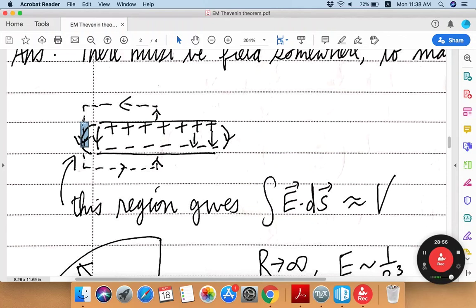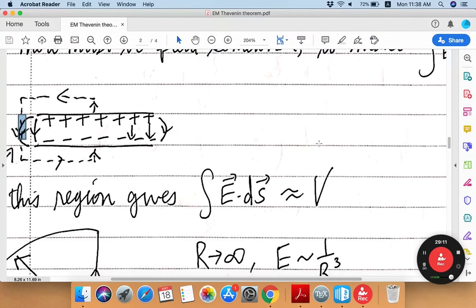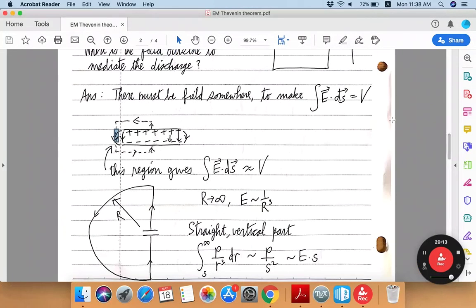Okay, so then you can easily imagine that here your line integral will be roughly the product of the electric field multiplied by the separation of the two capacitor plates. But that's exactly what we can equate with the potential difference between the plates. Okay? So now it seems like the paradox is gone.